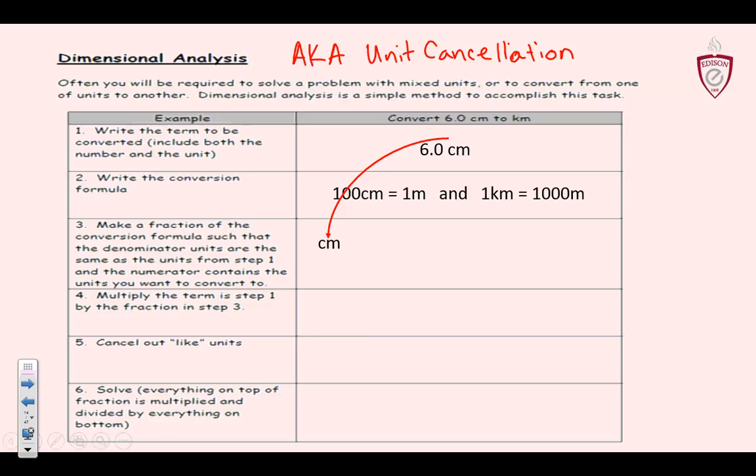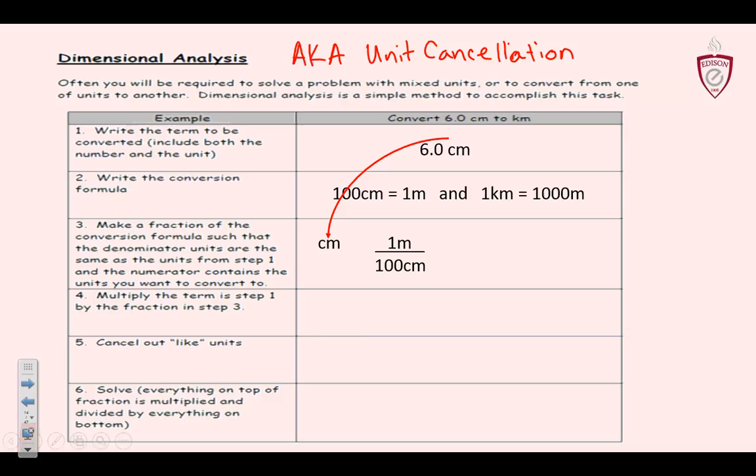So we're going to take the units from what we're starting with and bring it down. And we are going to set up the next conversion factor. We need to set the conversion factor up so that the units in the denominator of the factor are the same as the units that you're converting from. So I set it up like this, 100 centimeters over meter, just to show you that we need the centimeters in the denominator. So I'm going to flip the fraction so that 1 meter equals 100 centimeters.